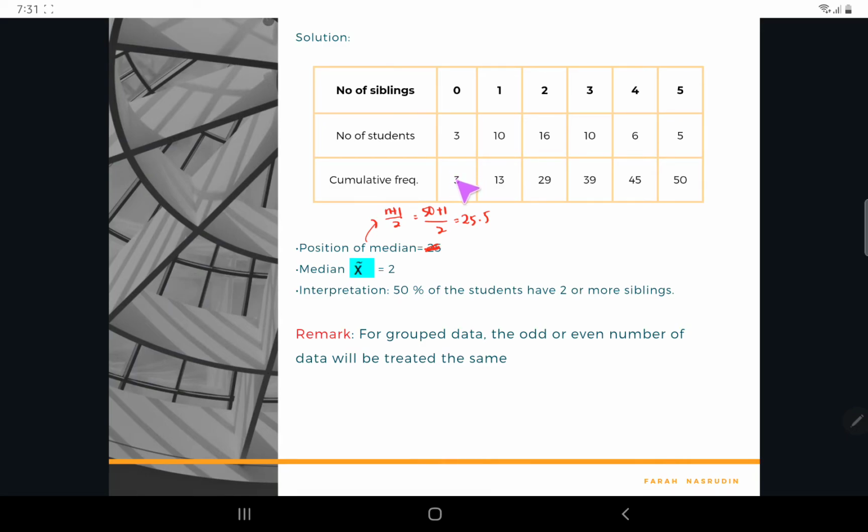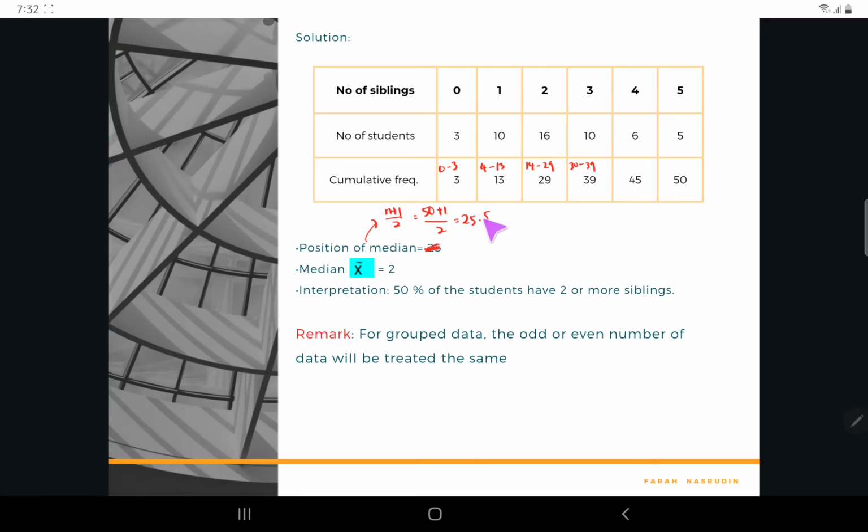Here the cumulative frequency is 3, meaning 0 until 3. Then 4 until 13, 14 until 29, and then here 30 until 39, and so on.